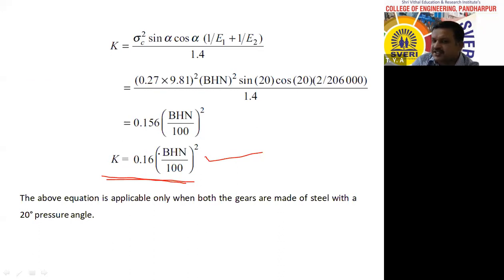K is equal to 0.16 into BHN divided by 100 bracket square. Therefore, the above equation is applicable only when both the gears are made of steel material and have 20-degree pressure angle.